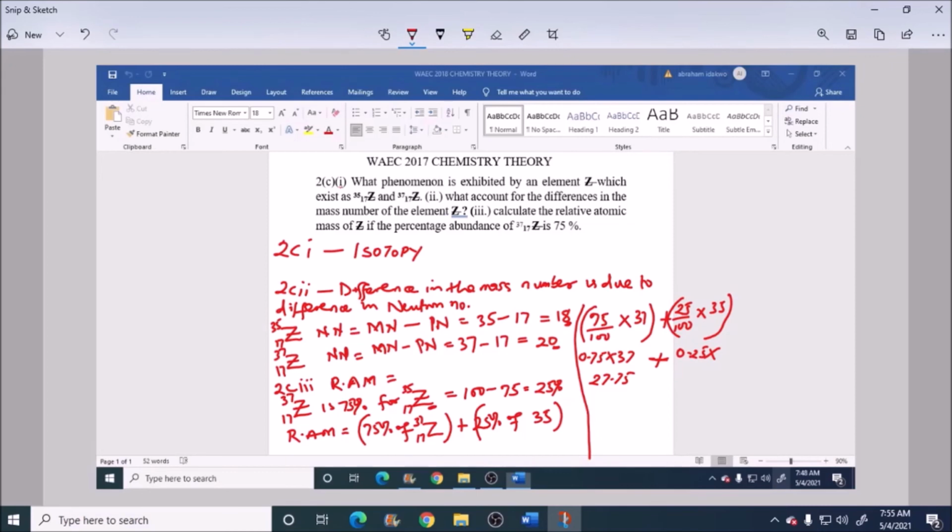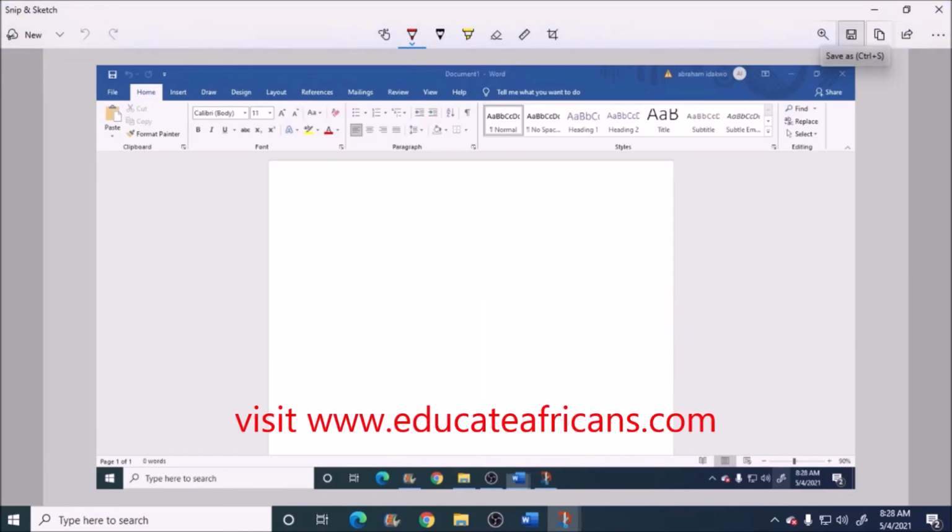So we multiply 0.25 by 35, then our answer is 8.75.